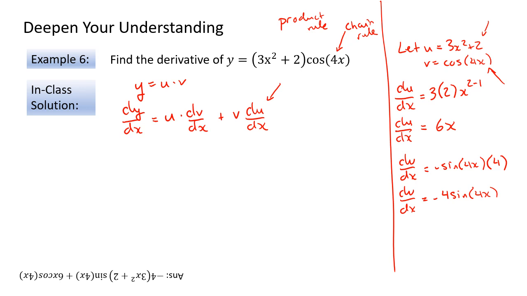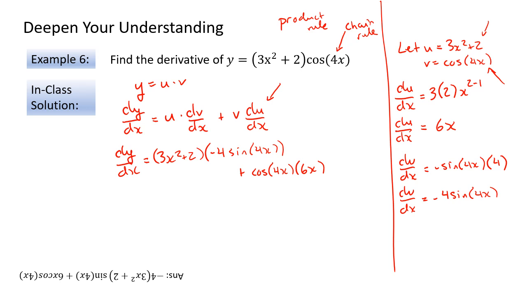So if you do it this way, you can simply just substitute all these values in. Okay, so if we do that, dy by dx is equal to u, okay, which is 3x squared plus 2, times dv by dx, which is negative 4 sine 4x, plus the function v, cosine of 4x, times the derivative of the function u, which is simply 6x.